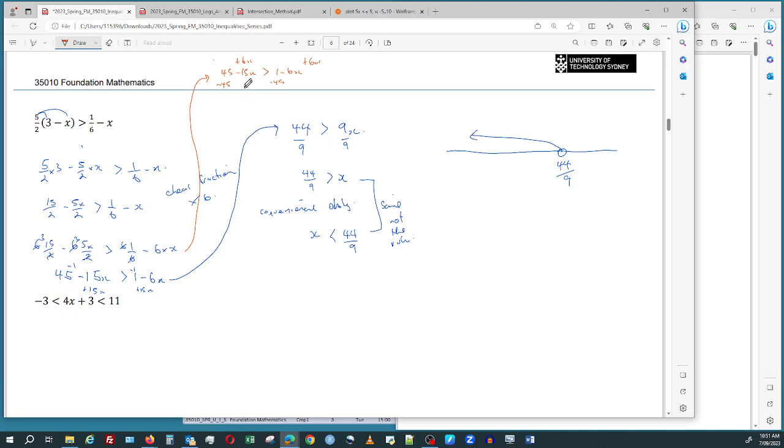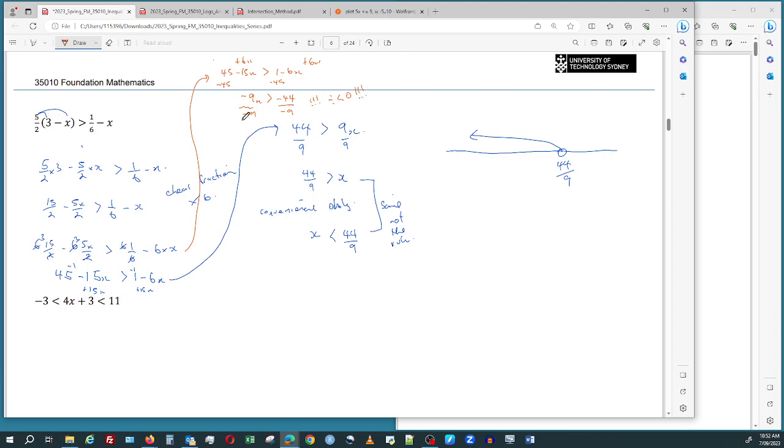So what that'll give us is 6x. Now it's negative 9x. Haven't changed anything yet. So it's negative 44. Okay, now to isolate the x, what am I going to have to do? Divide by minus 9. Divide by a negative.